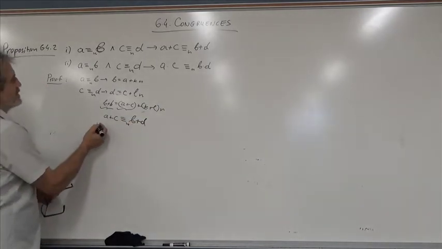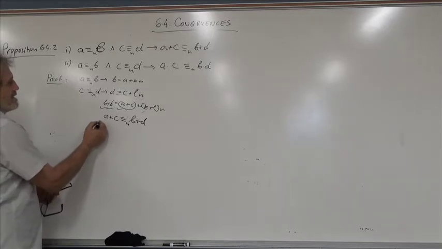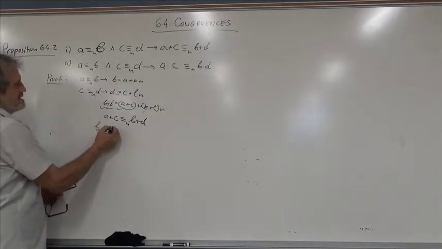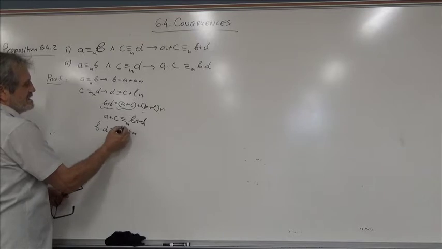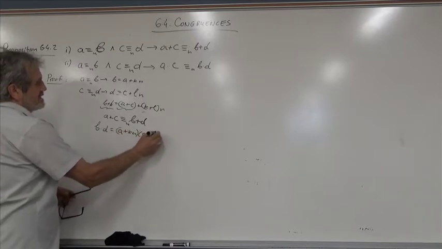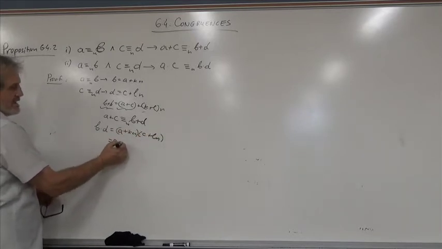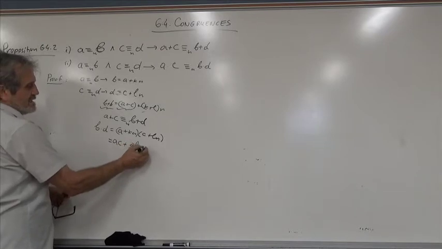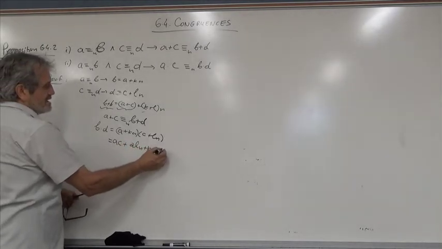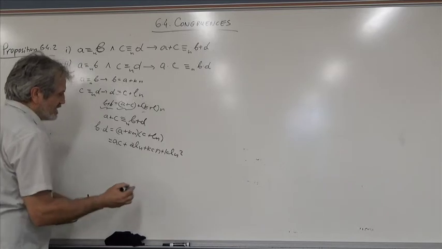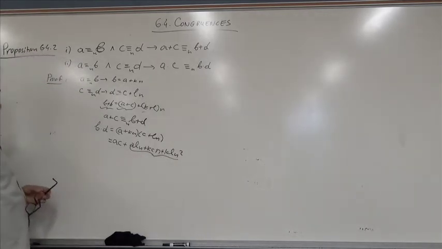Also, if I multiply them, what do I get? B times D is (A plus Kn)(C plus Ln), and then I get AC plus ALn plus KCn plus KLn squared. Obviously, this is a multiple of n.